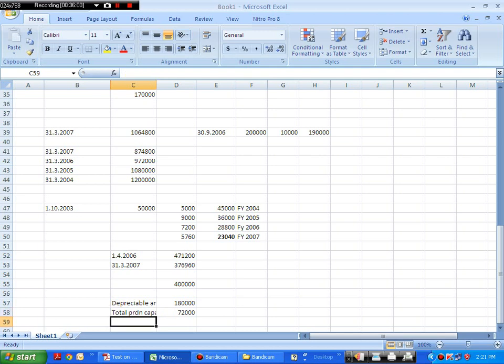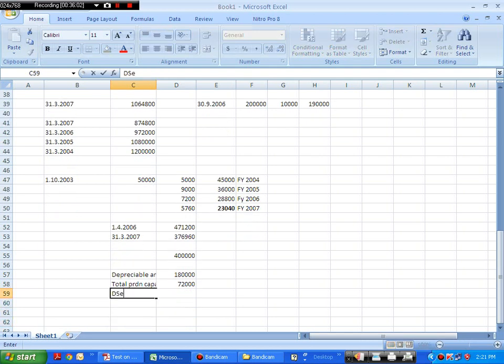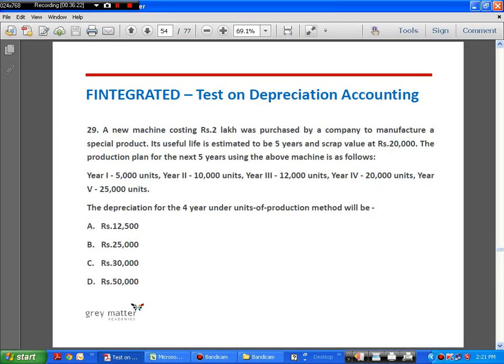Our next step is to calculate what is the depreciation per unit, which means the asset, if it produces 1 unit, it gets depreciated by rupees 2.5. So for every unit that is being produced, the asset gets depreciated by rupees 2.5. And we are required to find out the depreciation for the fourth year.